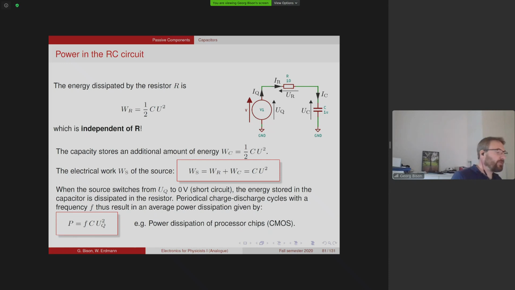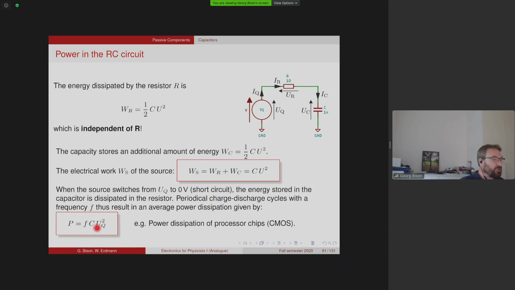Now, if you have worked with computers over the last decades, the capacitance could be reduced quite significantly because the structures in the chip became smaller and smaller.